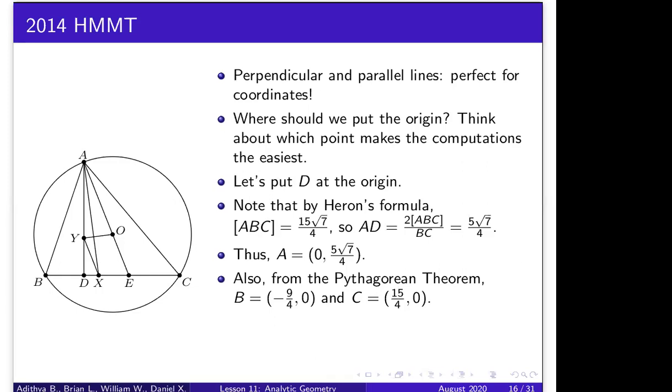So now we would want to find the coordinates of O. So can someone say what the x coordinate of O is? Yeah, I think we should be a little bit careful because D is the origin and not B. So I think a few people said 3.